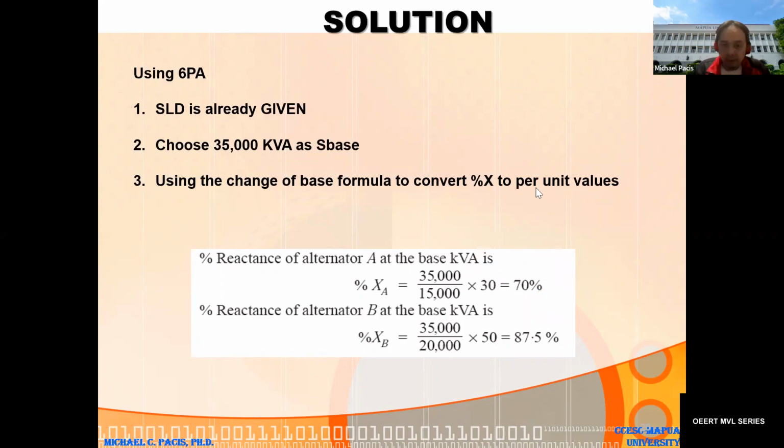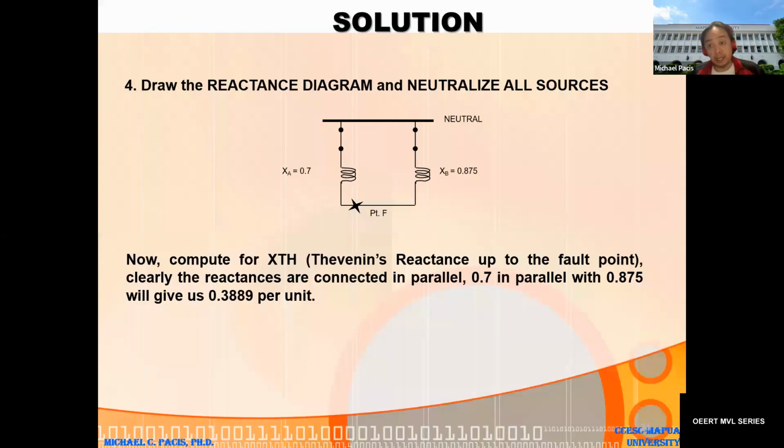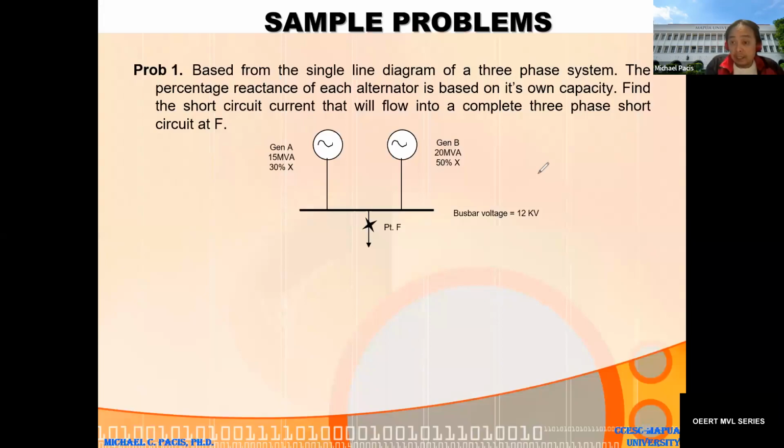So this is what we are saying. And then from there, you can get the reactance diagram by neutralizing all of the sources, as I mentioned. So how do you neutralize a source? Since you are making a reactance diagram and you need the reactance up to the fault point, it is Thevenin.